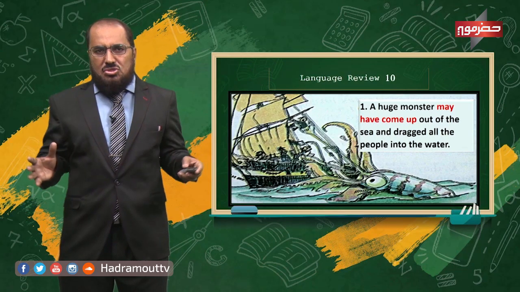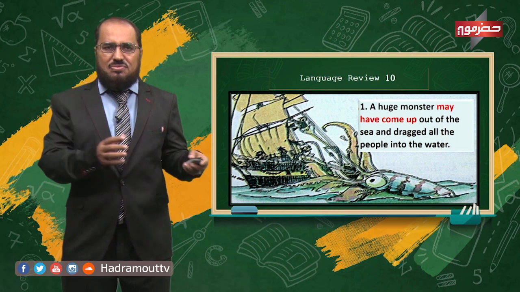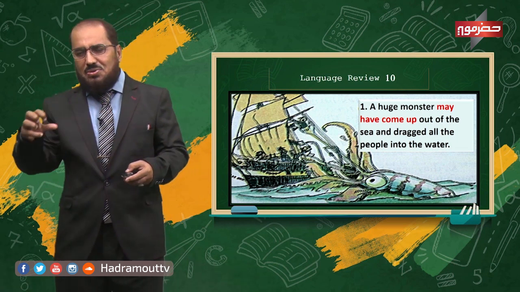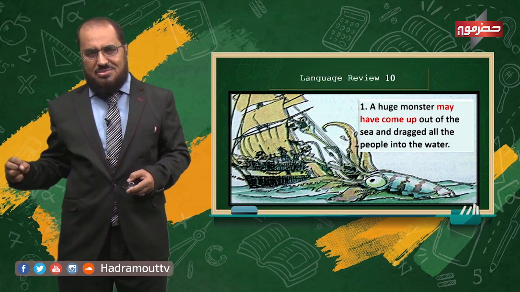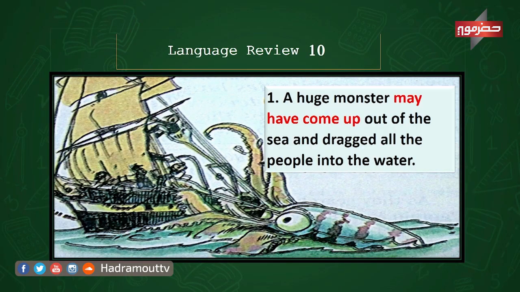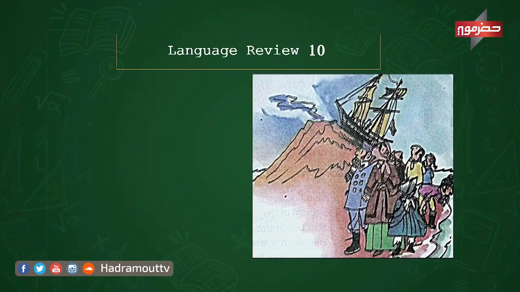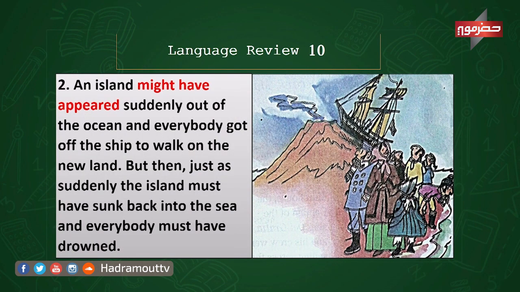A huge monster may have come up out of the sea and dragged all the people into the water. Look at the picture. Or look at this picture. What happened?